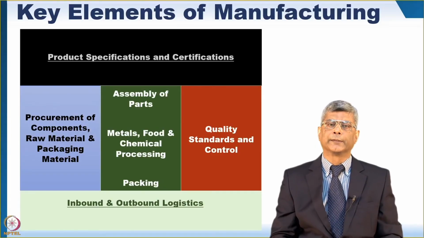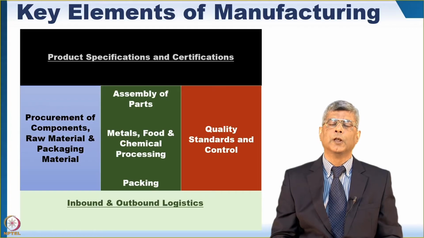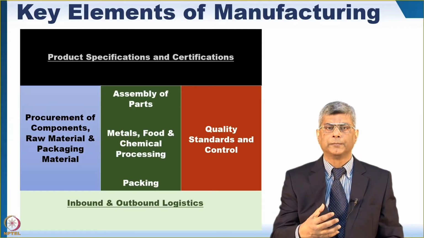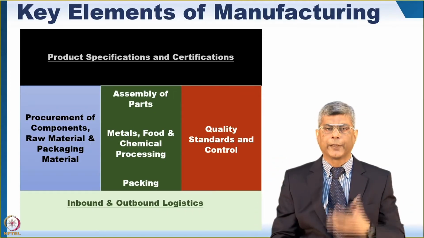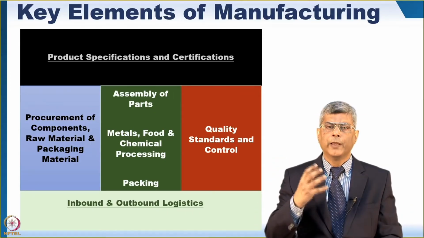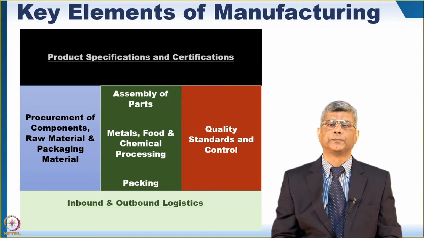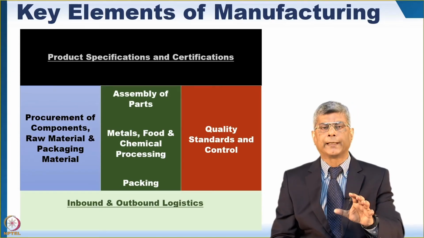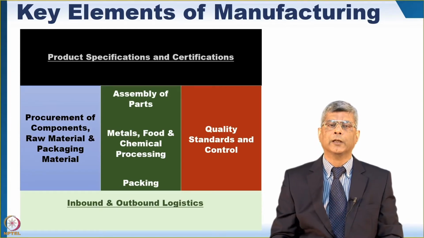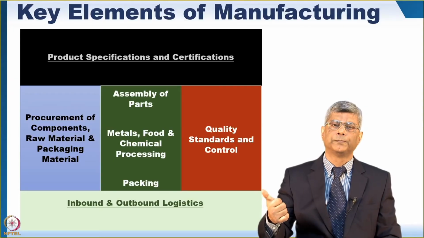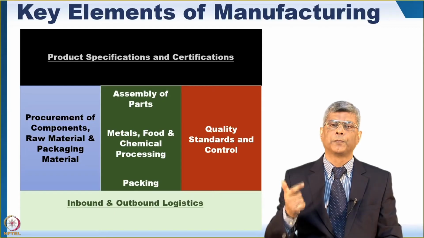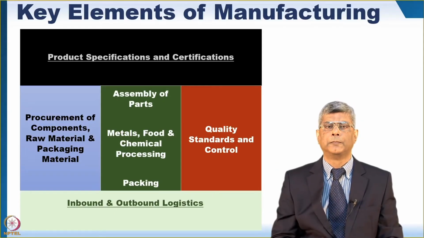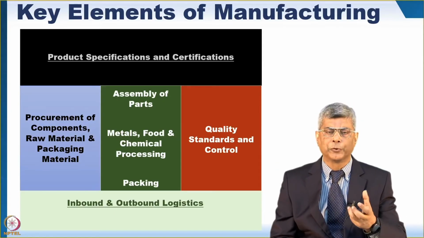Apart from the components, you may also require, depending on what your final product is, commodities. For example, if you're a chocolate company, the commodities that go into chocolate manufacturing are a lot of sugar, cocoa powder, milk, and some flavorings and some fruits and nuts.